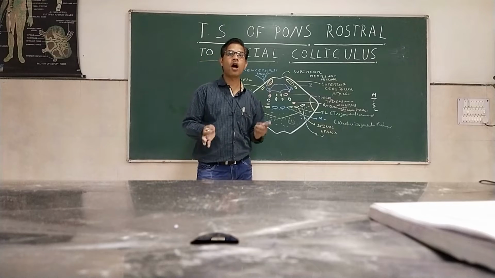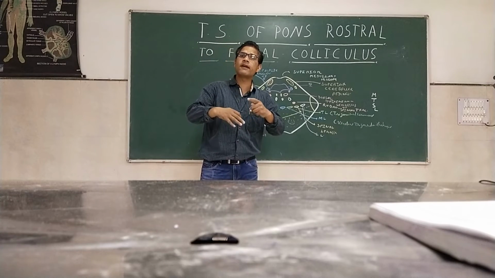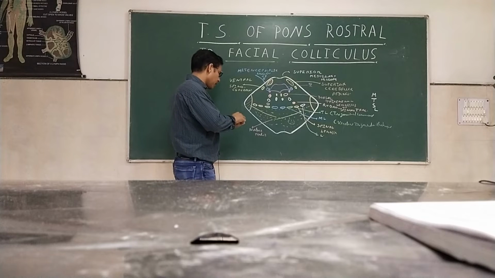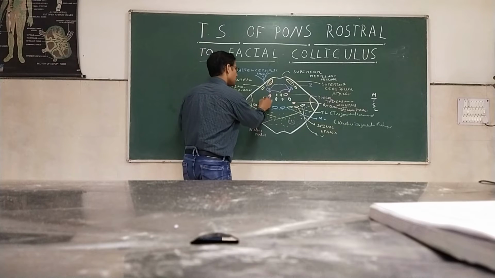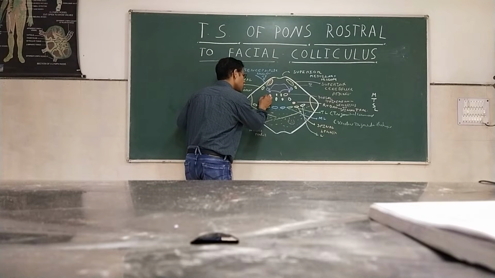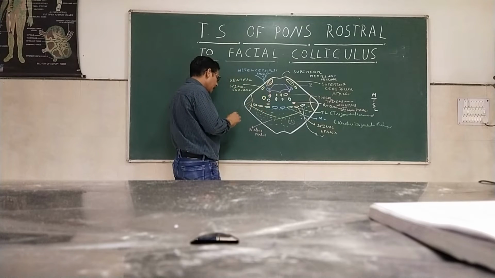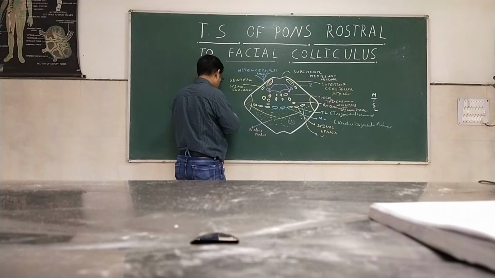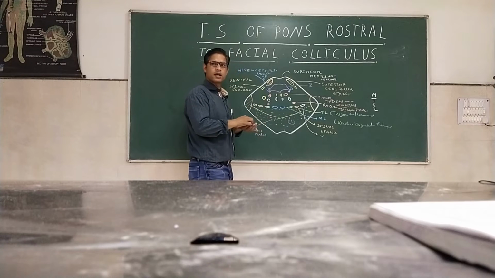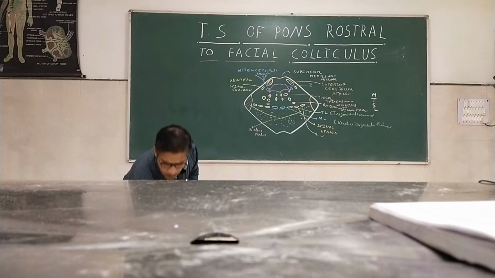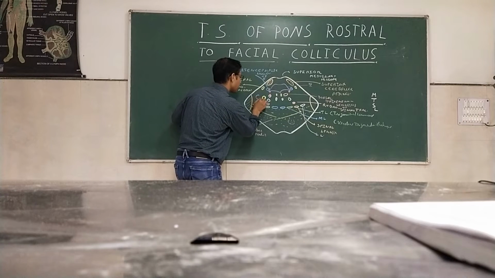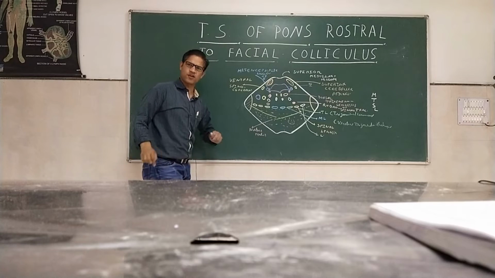Not only that, this is the level which is above the 6th and 7th nuclei. Now we are coming here. There is the motor nucleus, and lateral to the motor nucleus, there is the principal sensory nucleus of the trigeminal nerve.